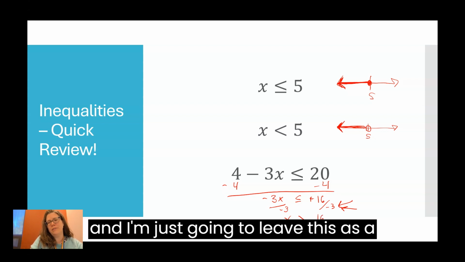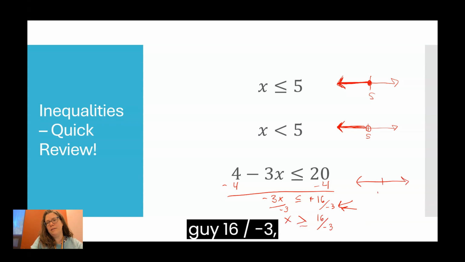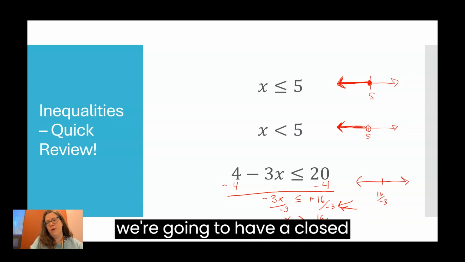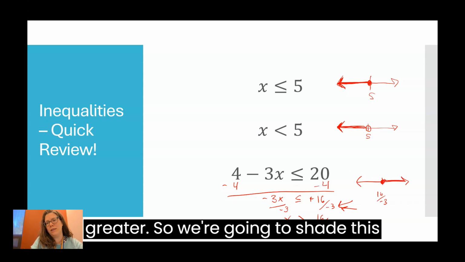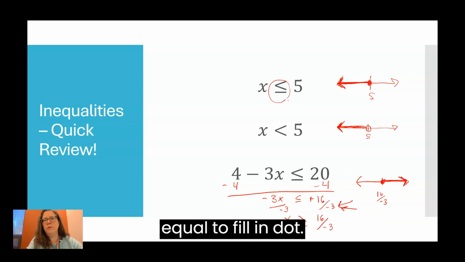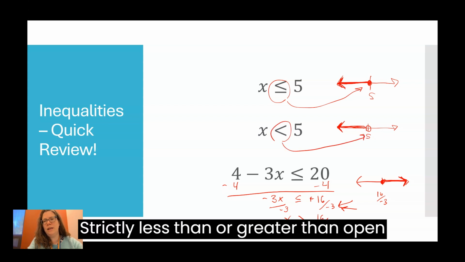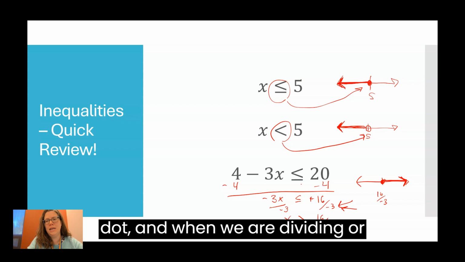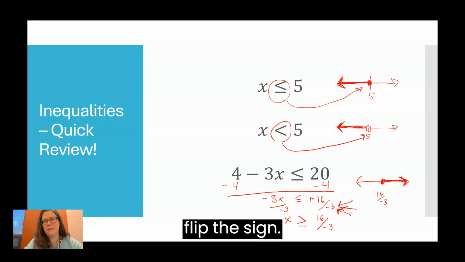And I'm just going to leave this as a fraction. But when we graph this, 16 over -3, we're going to have a closed dot because it could be equal and it's greater. So we're going to shade this side. So our important reminders: or equal to, fill in dot; strictly less than or greater than, open dot. And when we are dividing or multiplying by a negative, we have to flip the sign.